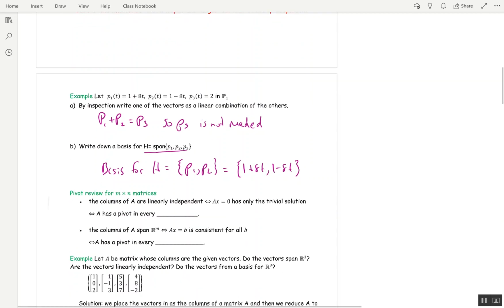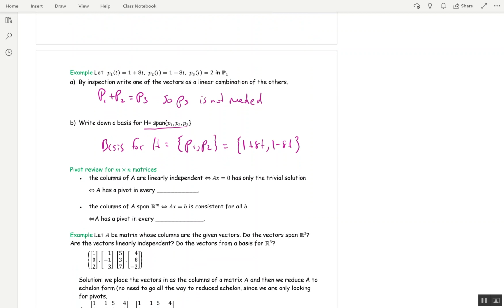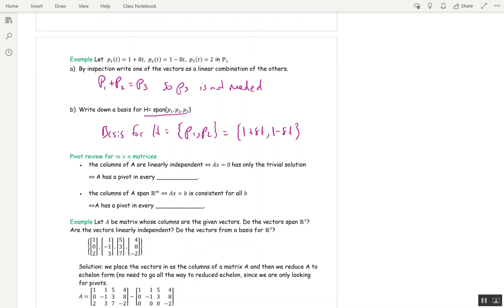Okay, next section, pivot review, because we're going to be working with pivots a lot here. The columns of matrix A are linearly independent if and only if Ax equals 0 has only the trivial solution. So, pause the video, A has a pivot in every blank, and then try and fill in the next blank too.